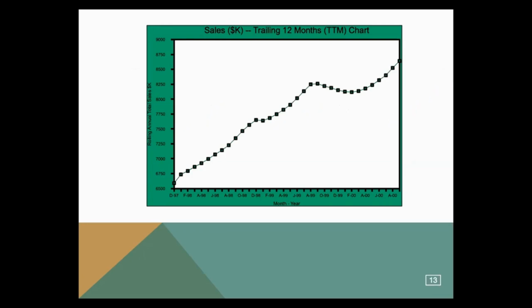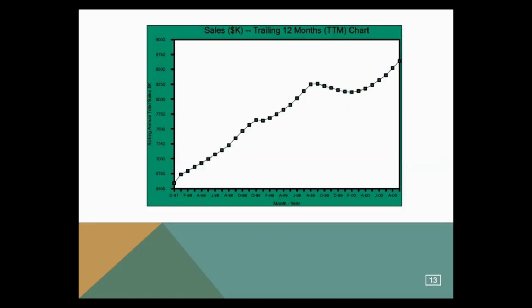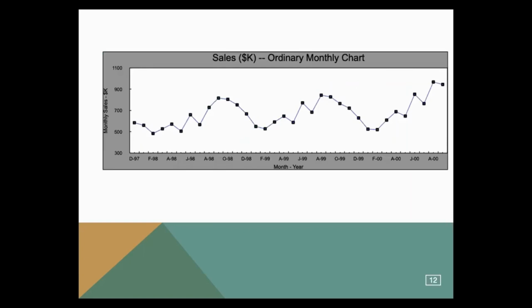This is what is referred to as a trailing 12-month chart, TTM. The data that was used to create this chart is the exact same data that was used to create this chart. And yet, would you agree this chart looks very different than this chart?